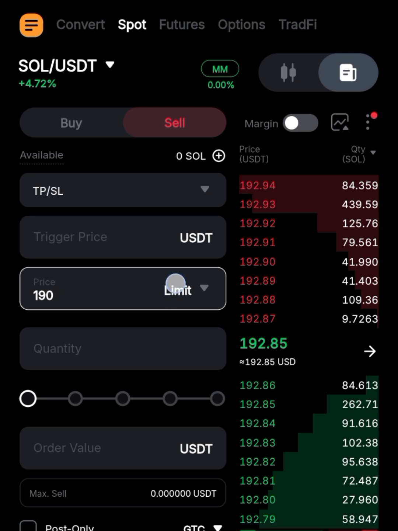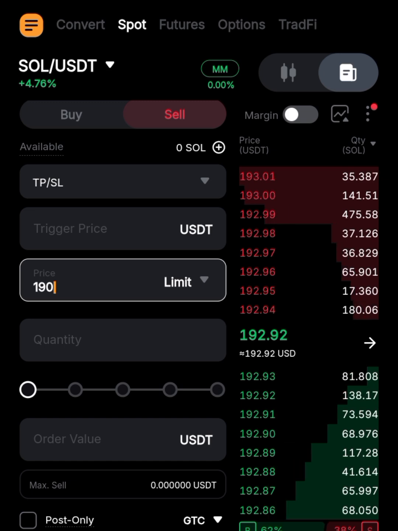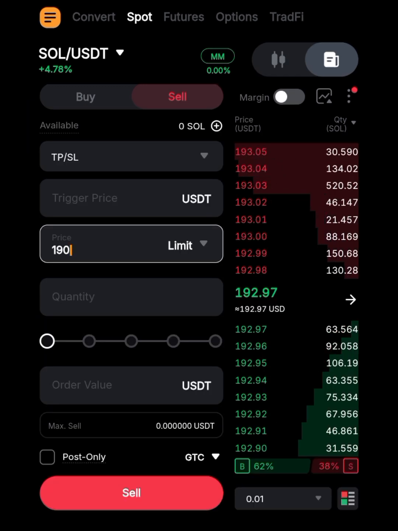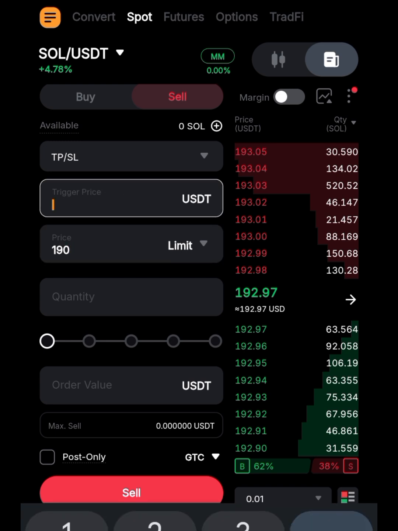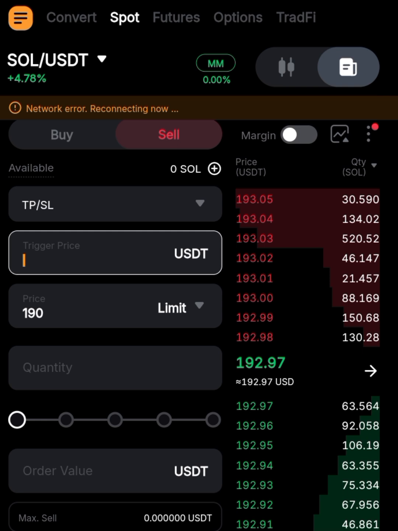Because it's a limit order, you can see the limit here, it means it will enter at that price. Once it reaches 190, it will trigger. Now if we want to put our TP, we'll put it at a higher amount than our entry, which is $190.